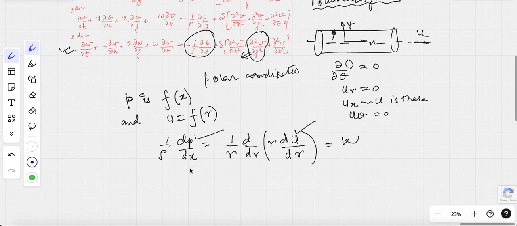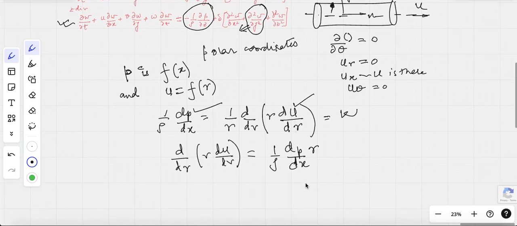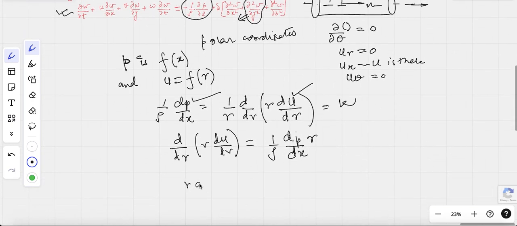Now we will integrate d by dr of r du by dr is equals to minus 1 by rho dp by dx. This is r, so r du by dr is equals to r square by 2.